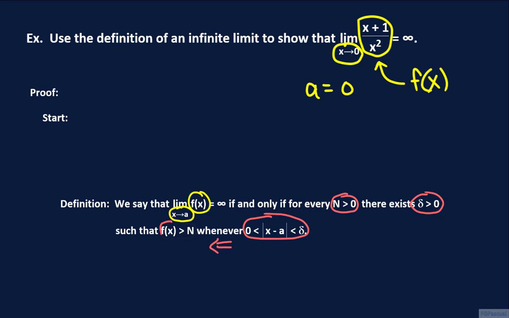Even though the inequality involving capital N is the conclusion, we start the proof with the N inequality. We start with the inequality (x plus 1) over x squared is greater than N. Our objective is to arrive at the delta inequality, 0 is less than the absolute value of x minus a is less than delta.